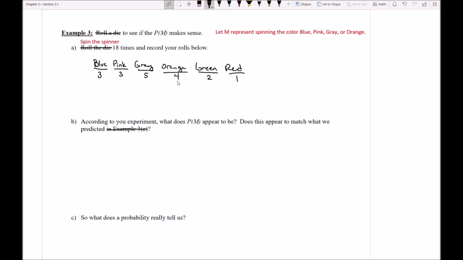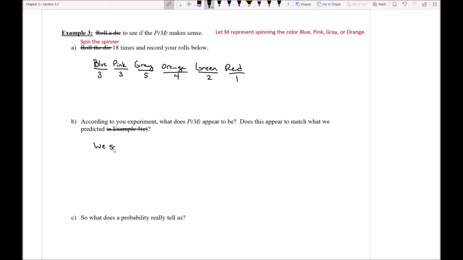Well, according to this little experiment that I ran, I could see what the probability of m appears to be. Based on what I got here, out of 18 total spins, how many times did I actually get m to occur? Remember, m was going to be spinning a pink, a blue, a gray, or an orange.